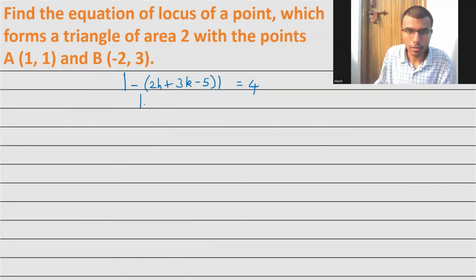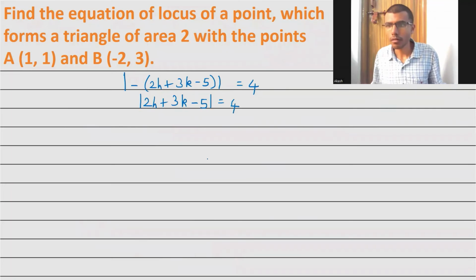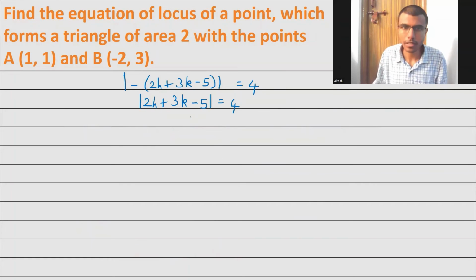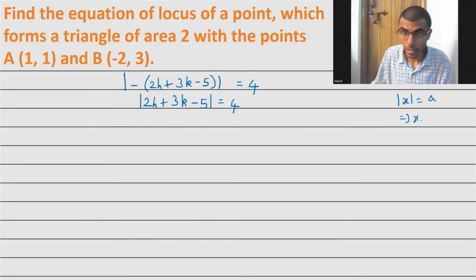So what I will be left with is mod of 2h plus 3k minus 5 is equal to 4. Now, if mod x is equal to a, this you need not write in the exam, I am explaining to you, this implies that x is equal to plus or minus a.